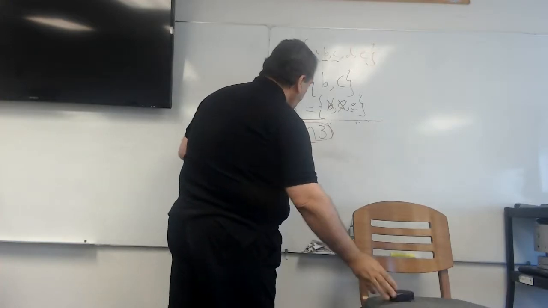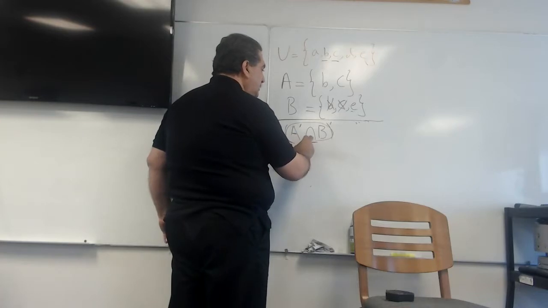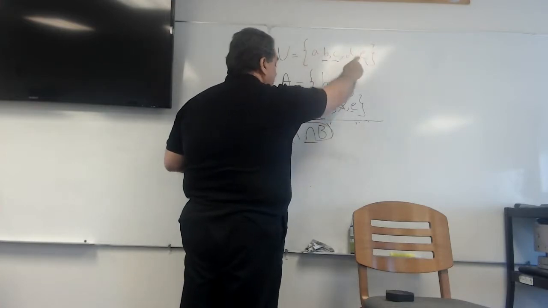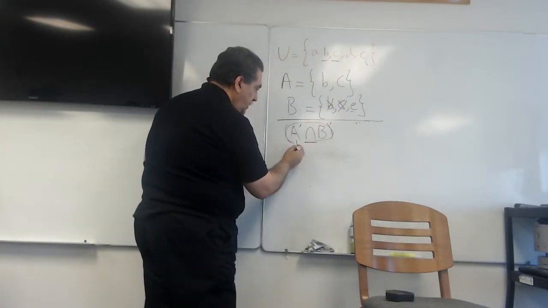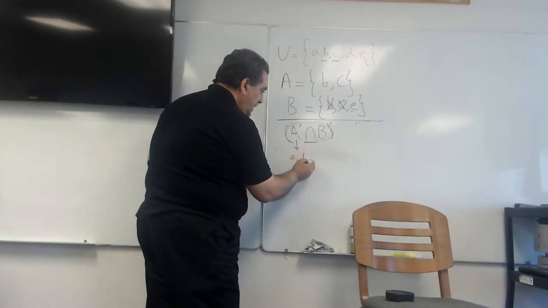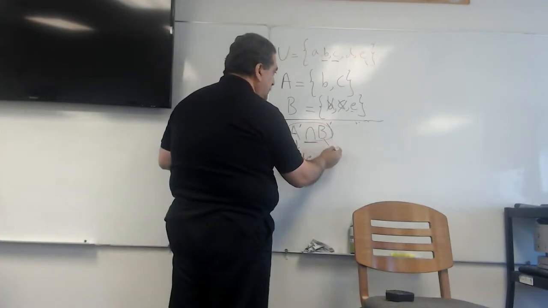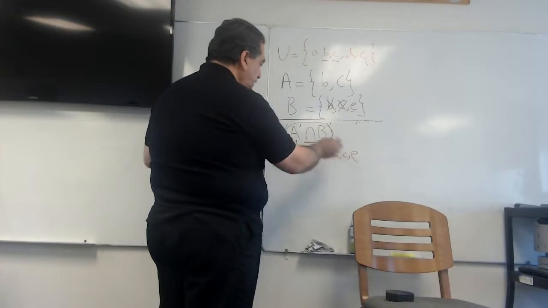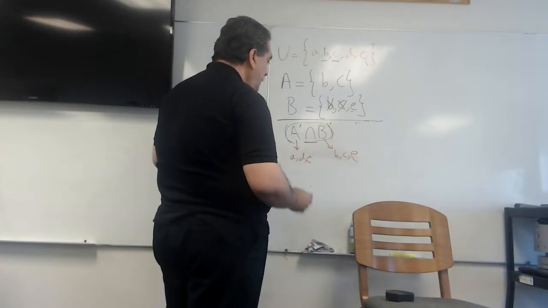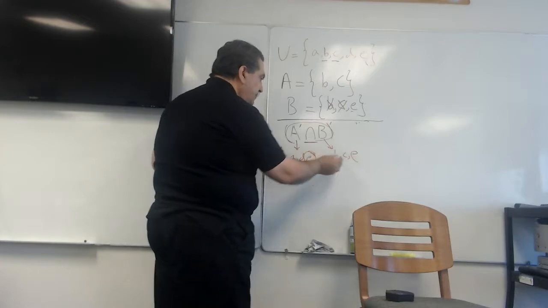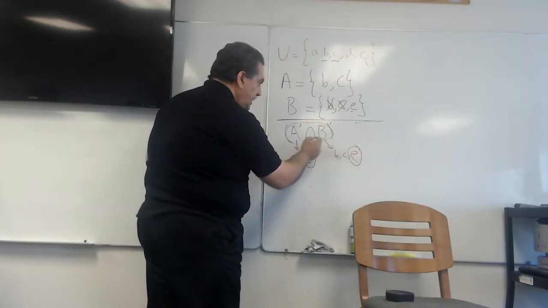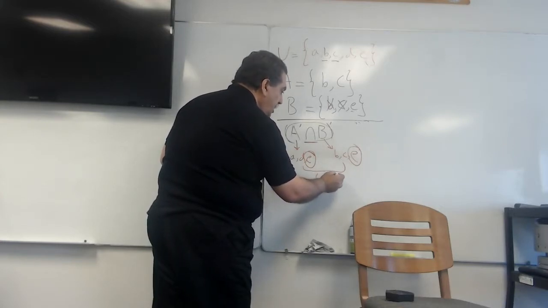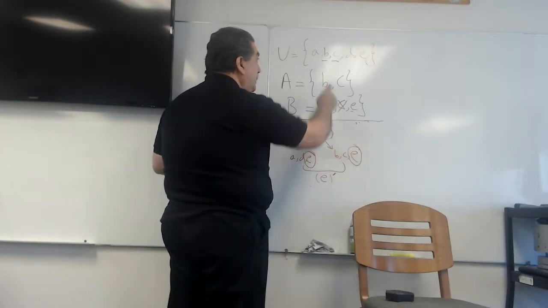This is what we are trying to find out: not A intersection with B. We saw not A would be A, D, and E. B is B, C, and E. Intersection, meaning what is common between them, is only E. So the intersection of these two is only E. What we want is E prime from the universal set.